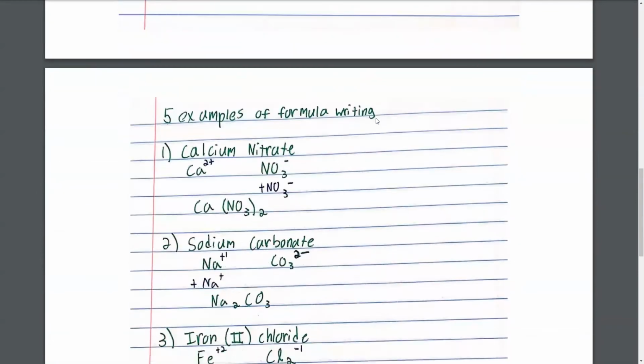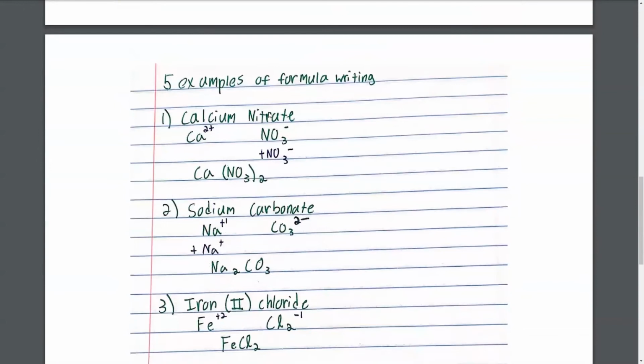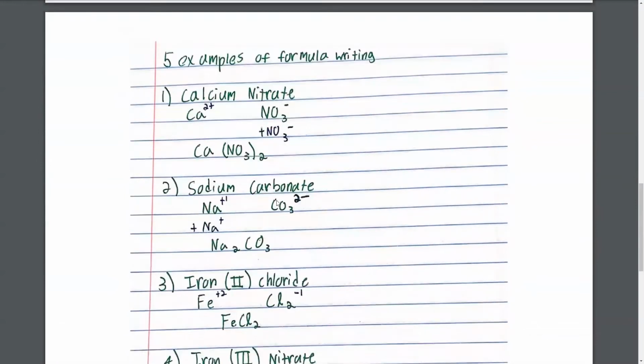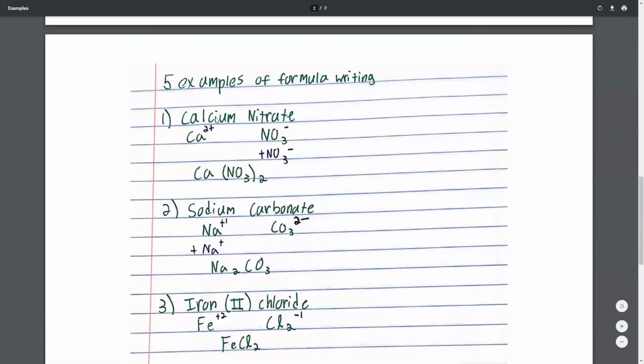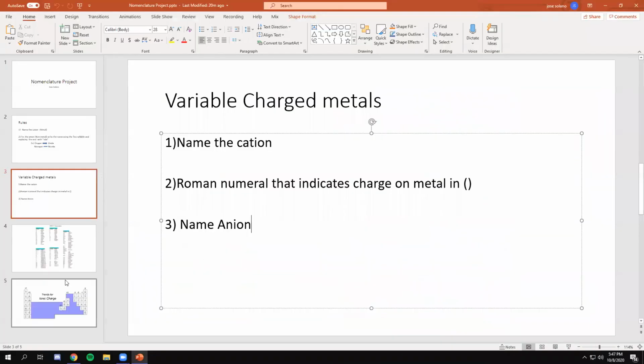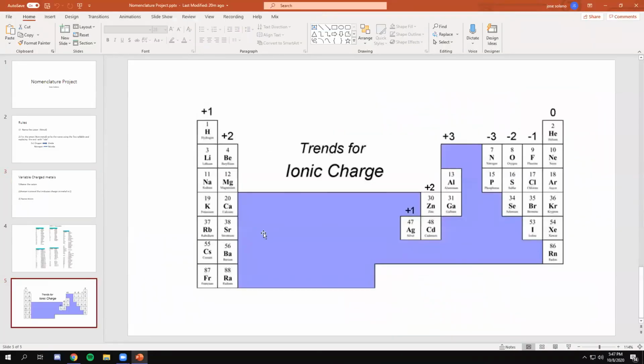And then to show you how to write the formula of a given name of a compound, it would pretty much be the reverse. For example, here we have calcium nitrate. Calcium is Ca, and calcium has a 2+ charge. If you look here, I have the trends for my ionic charges. Calcium has a 2+ charge right here.